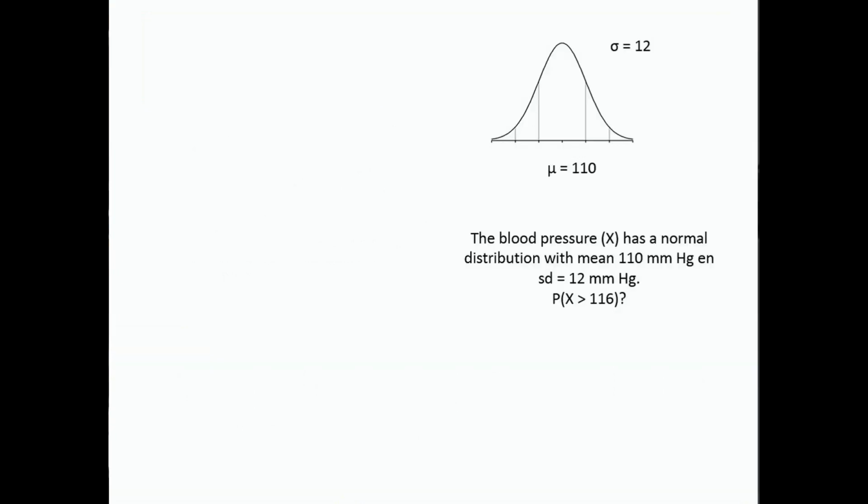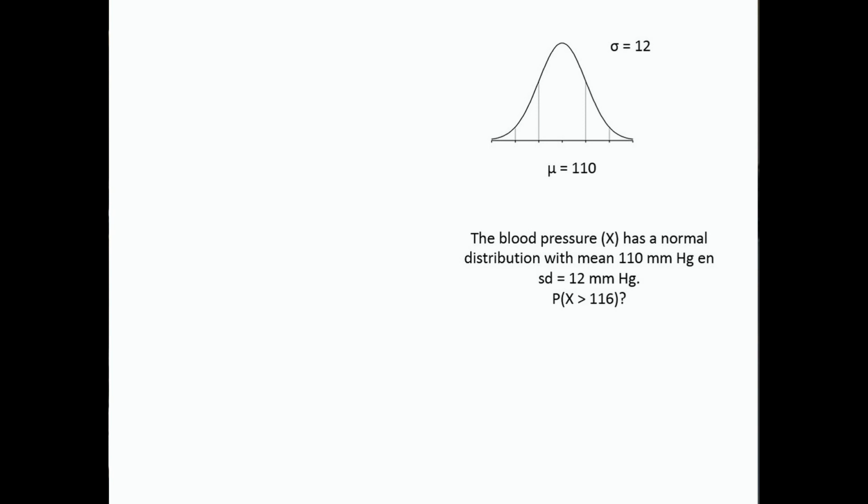For example, we have a population of individuals with normally distributed blood pressures, with mean 110 mm mercury and standard deviation 12 mm mercury. If we take out randomly one individual from the population, what is the probability that this individual will have a blood pressure larger than 160 mm?